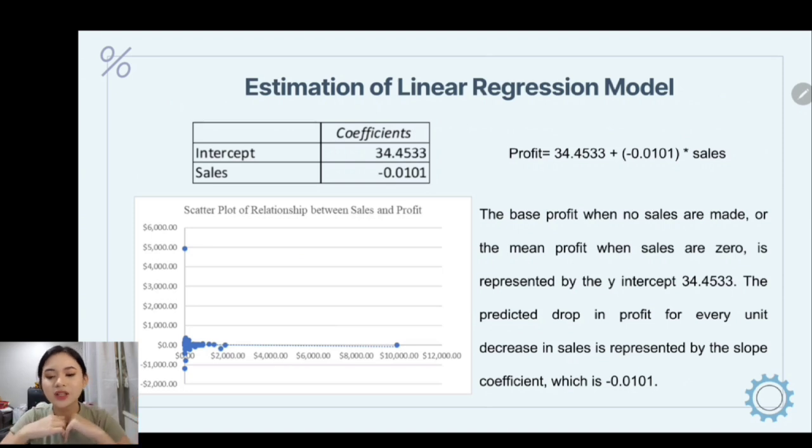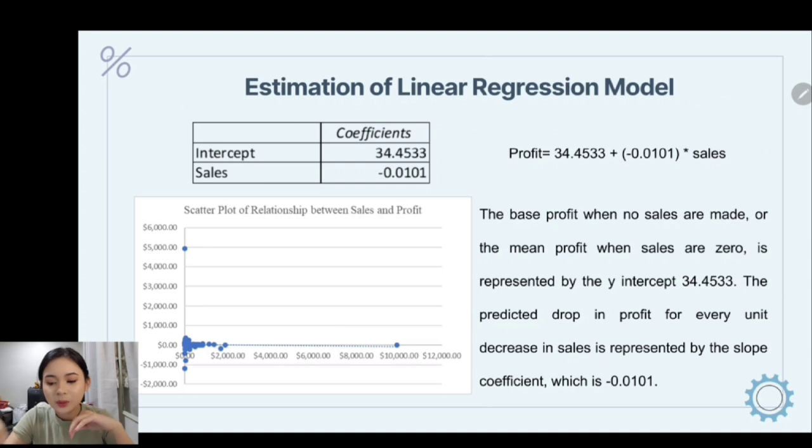Next is the estimation of the linear regression model. If you can see in these tables, the coefficient for the intercept is 34.4533, and the coefficient for sales is negative 0.0101. In the scatter plot here, it didn't show any movement. It is only in one line, and it didn't show any increase in the relationship between sales and profit.